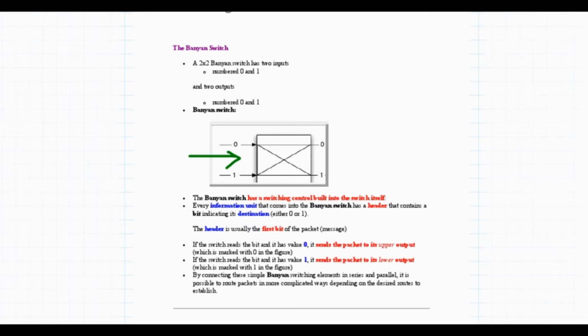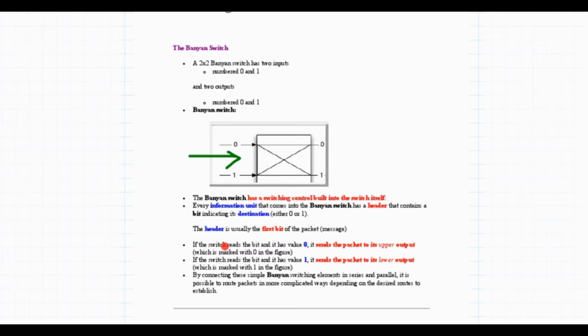Say information arrives into the Banyan switch. Now the information has to go out of the switch by following either of these two paths. Now the question is which path to follow. This header will contain the information of its destination.